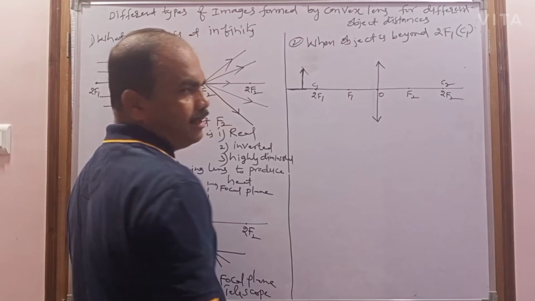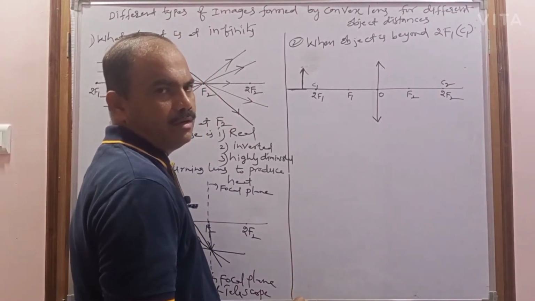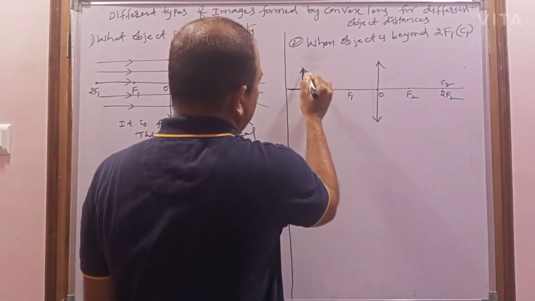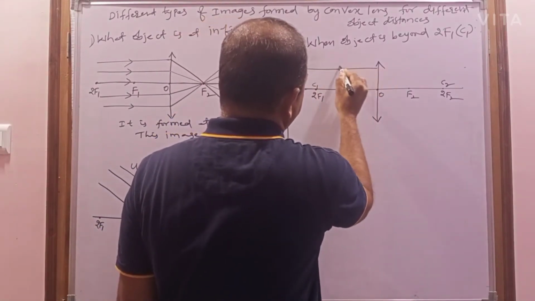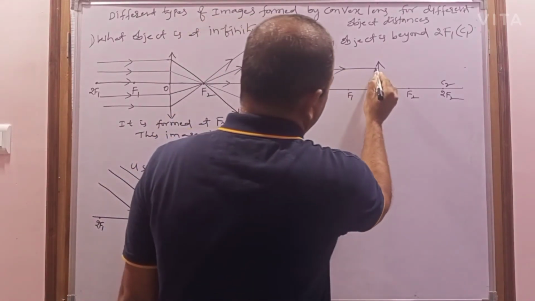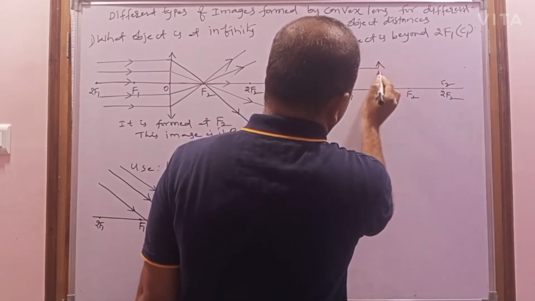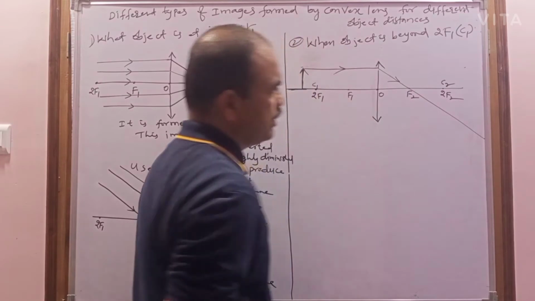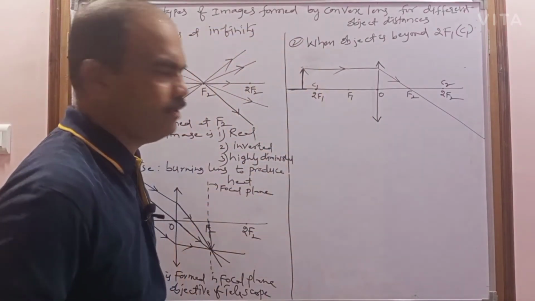So how can we draw the image formed by this convex lens? By following the rules. First, I am taking one incident ray parallel to the principal axis. After refraction, it passes through the focus on the other side of the lens. This is the refracted ray corresponding to the first incident ray.